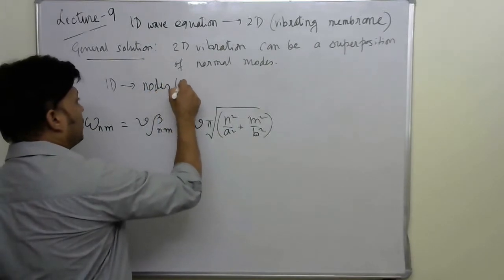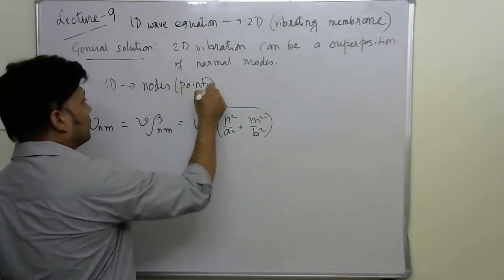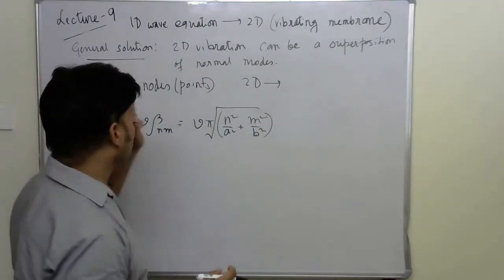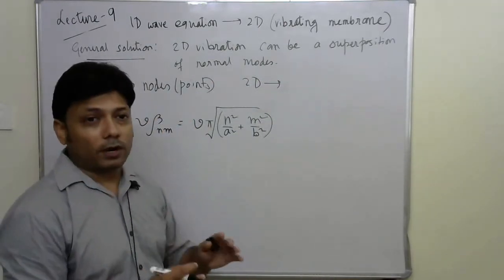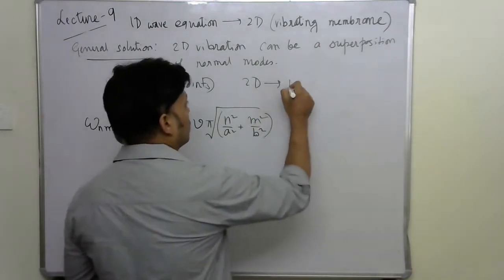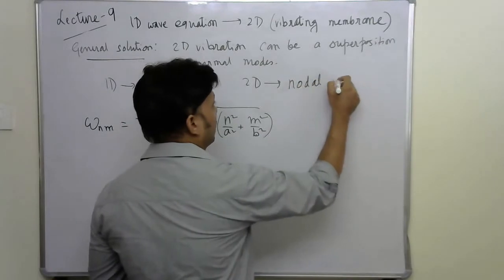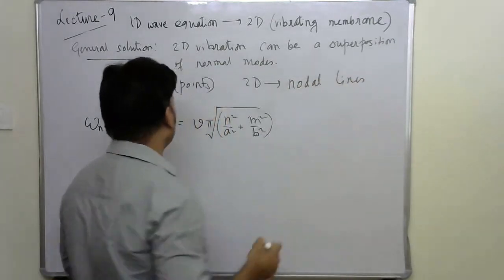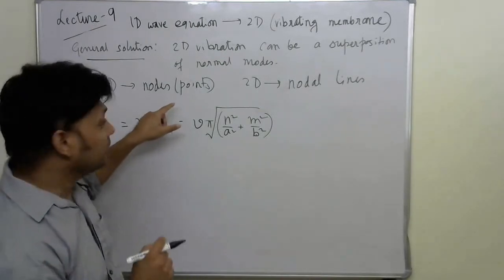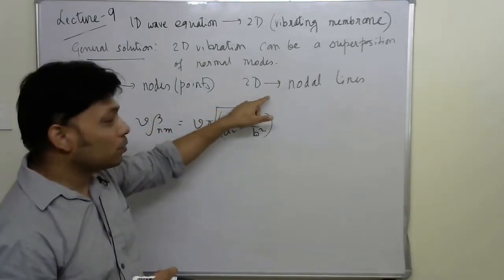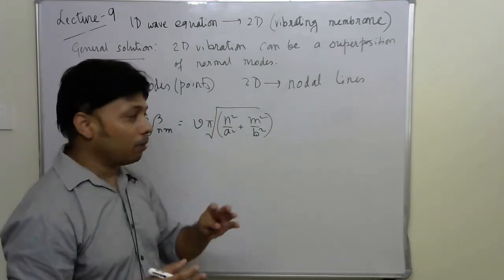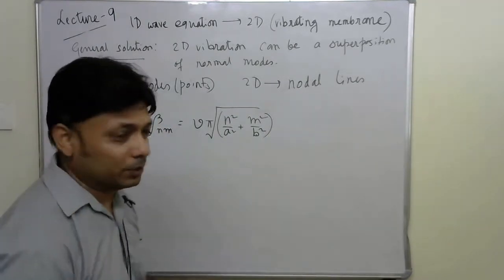But the nodes appear as points. Here in 2D, the vibration of a two-dimensional membrane, instead of nodal points, we should have a nodal line. So the nodes were zero-dimensional for the 1D problem, and here the nodes are one-dimensional for a 2D problem. Of course, for a 3D problem the nodes will appear 2D.